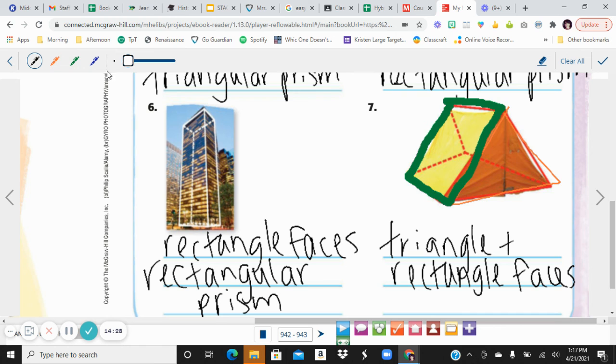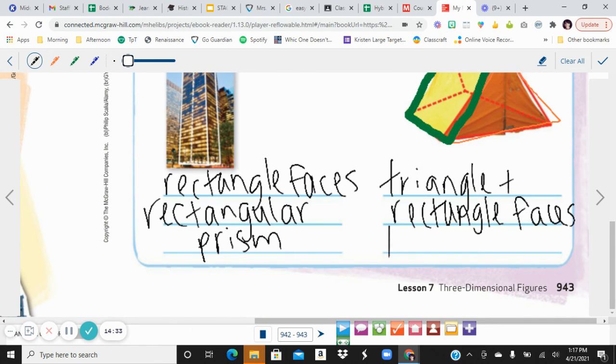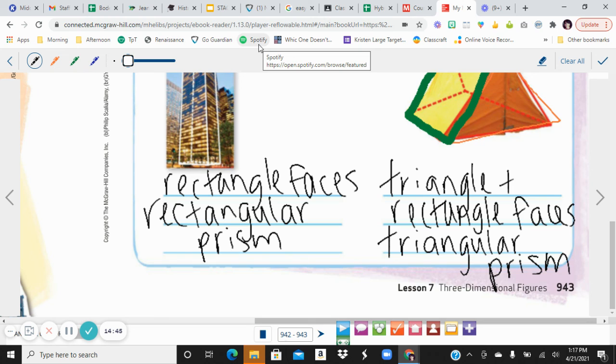And because I have at least one triangle, the whole thing is a triangular prism. Because I have one triangle, my whole thing is a triangular prism.